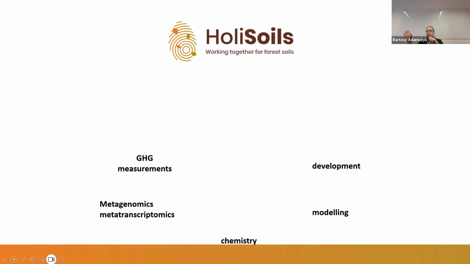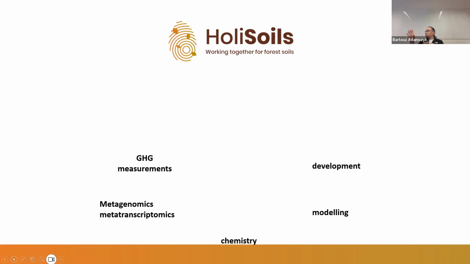Here I wanted to underline that by a combination of different methods, so greenhouse gases, metagenomics and biochemistry, we can support our hypothesis and build up some more in-depth understanding of the processes.